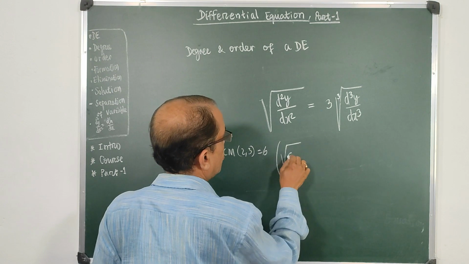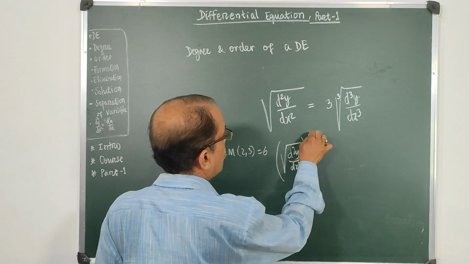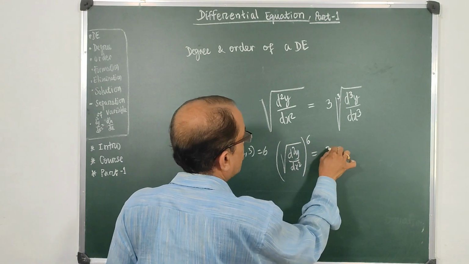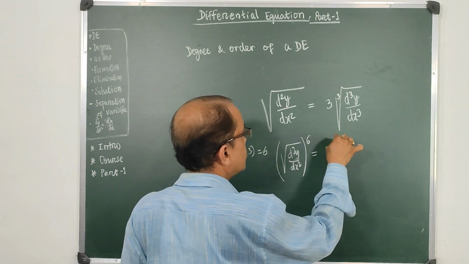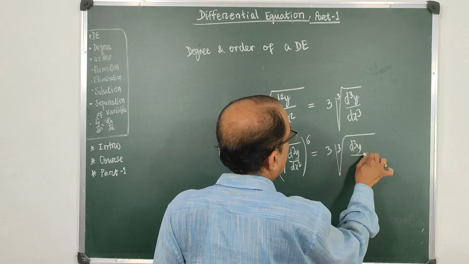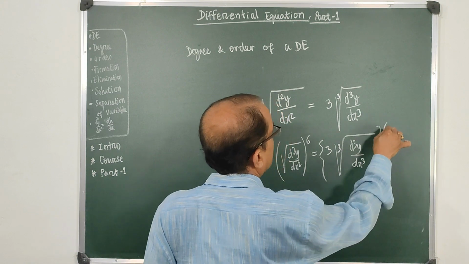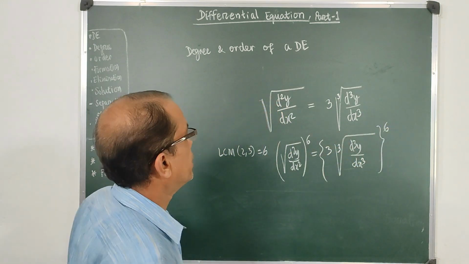Now, root over d square y by dx square, whole to the power 6, is equal to 3 d cube y by dx cube, whole to the power 6. That means we have made the sixth power on both sides.